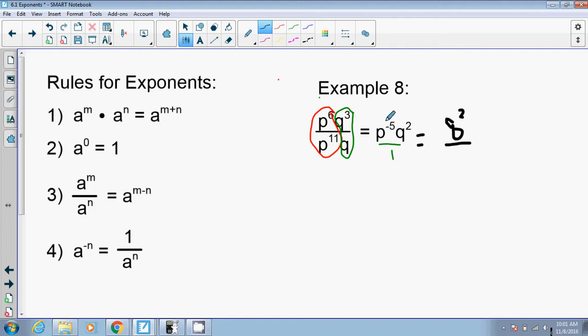And then the negative exponent on just the p means that I reciprocate it. So since it's in the numerator now, it goes to the denominator. And when I move it to the denominator, I take away the negative exponent. So if I'm dividing p to the 6th q to the 3rd by p to the 11th q, I get a solution of q squared divided by p to the 5th.